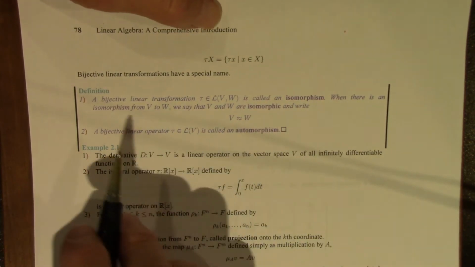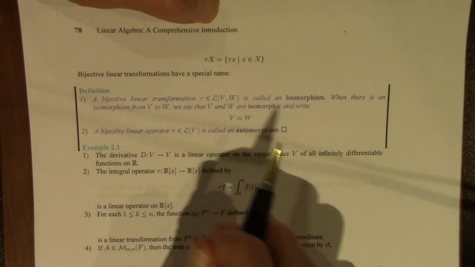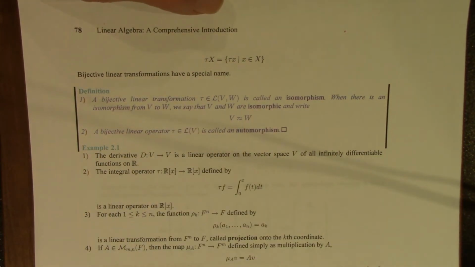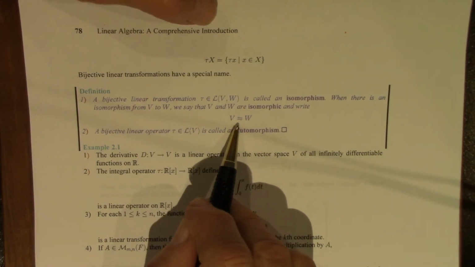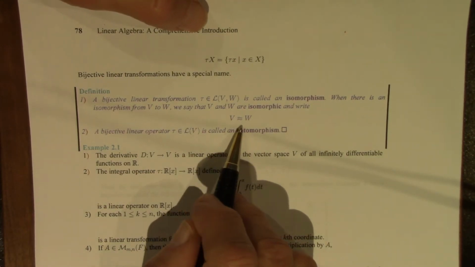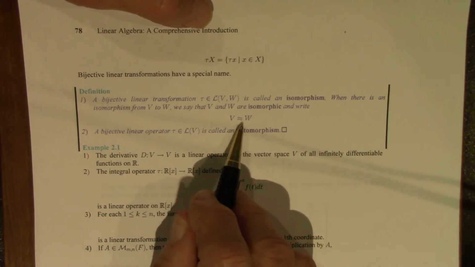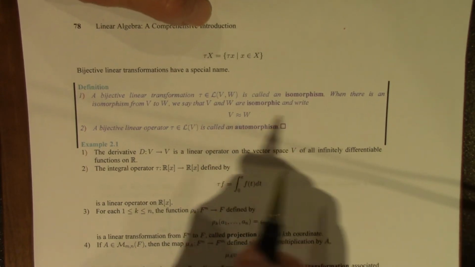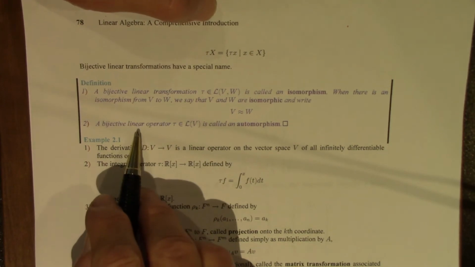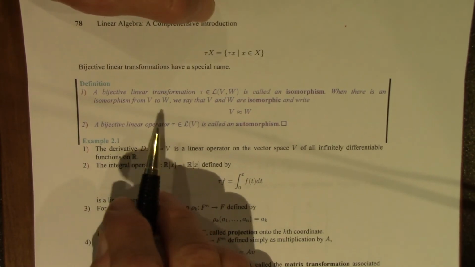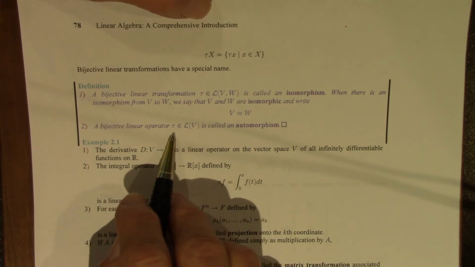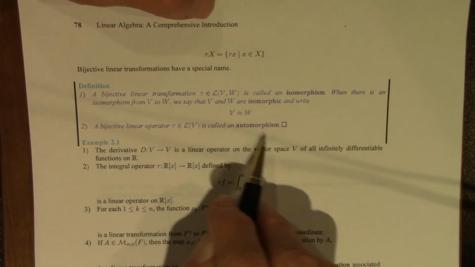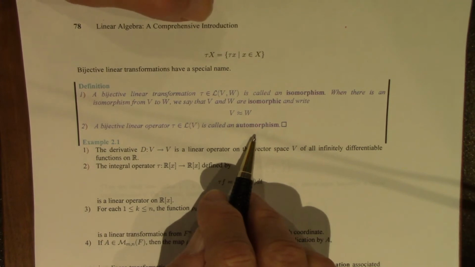When there is an isomorphism from V to W, we say that V and W are isomorphic, and I will use this symbol for isomorphism. There are other symbols, but this one's quite common, I think. A bijective linear operator tau on V is called an automorphism.